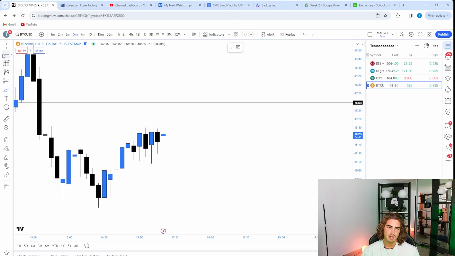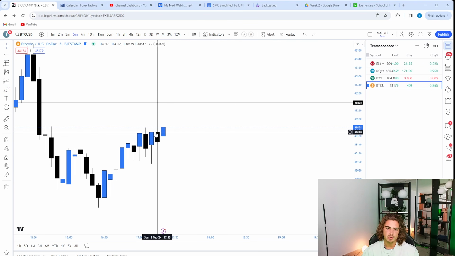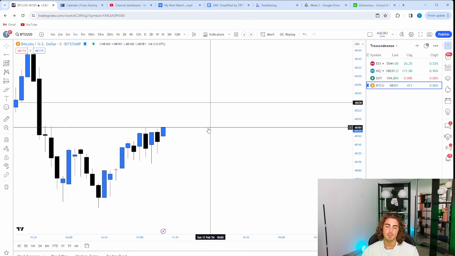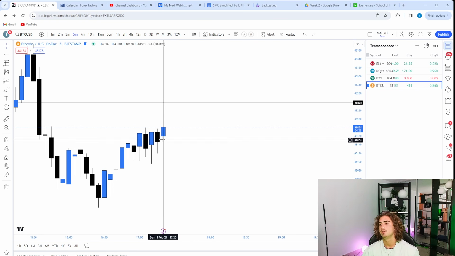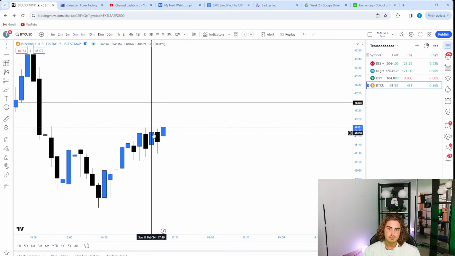So this 5-minute candle, what did it do? It opened right here because it's a down candle. The open is always going to be on the top, and the close is always going to be on the bottom, and it's inverse for up candles.